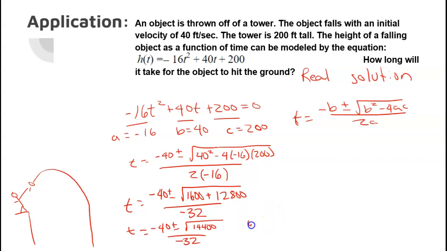So t is going to give us two answers. One is t is equal to -40 plus 120 over -32. Oops, 120, apologies. And or t is equal to -40 minus 120 over -32.